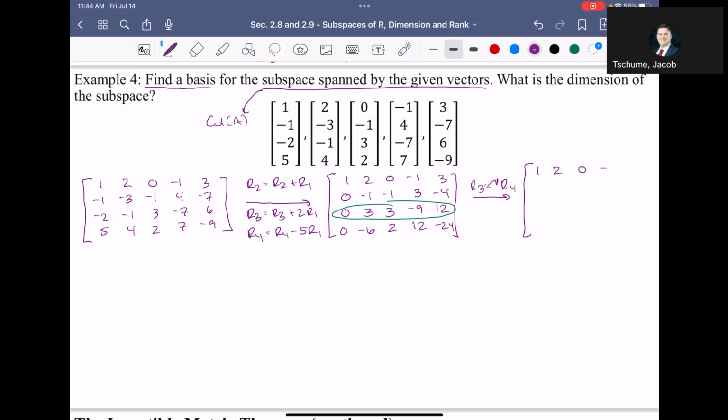So what you should end up getting is this: 1, 2, 0, -1, 3, 0, -1, -1, 3, -4. While I move row 4 up, let's go ahead and divide it all by -2 to make life easier. So I'm taking this row 4, moving it up, and dividing everything by -2.